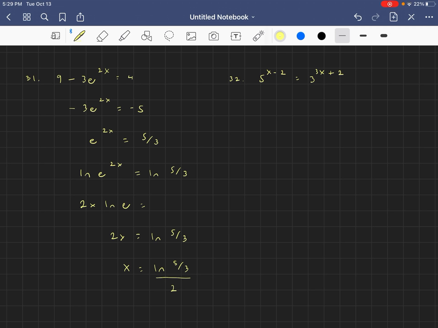I have an exponential equation. Bases can't become the same. Throw logarithms at the two sides. Pull those powers out front.